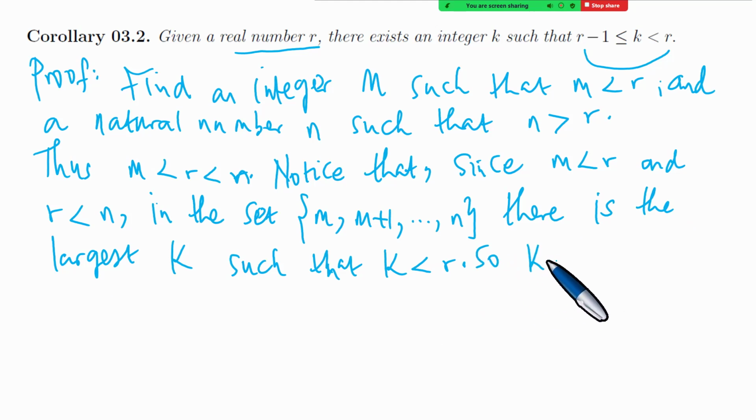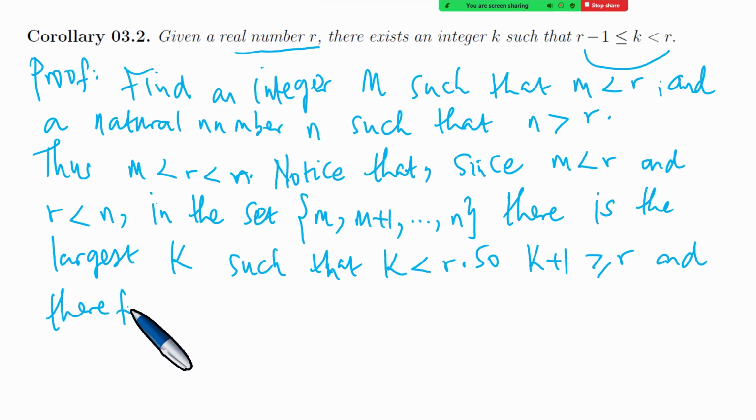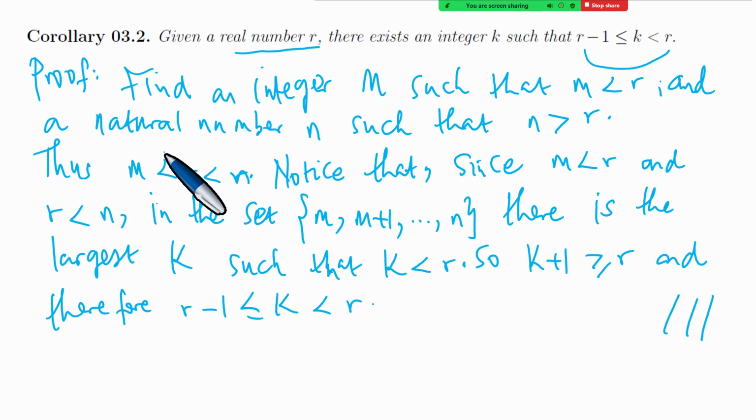So k plus 1, we shall discuss this, but it's bigger or equal to r, and therefore we can subtract 1 from r, get less or equal to k, and this is less than r. Let us look at the integrities of these.